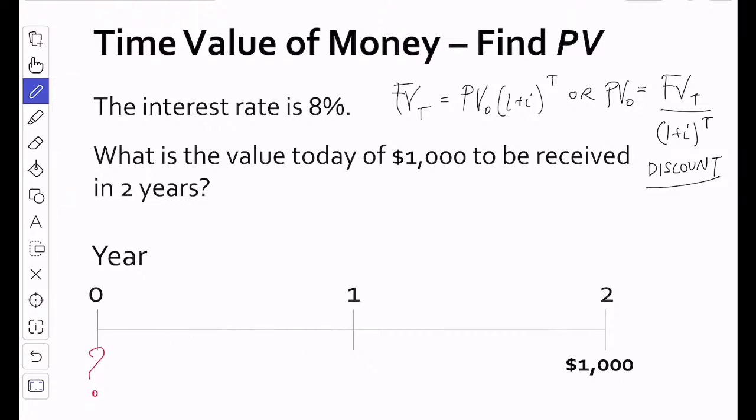And that seems easy enough. I can do it algebraically. You know what, I'm going to use a different color for my writing. And you get 857.34.